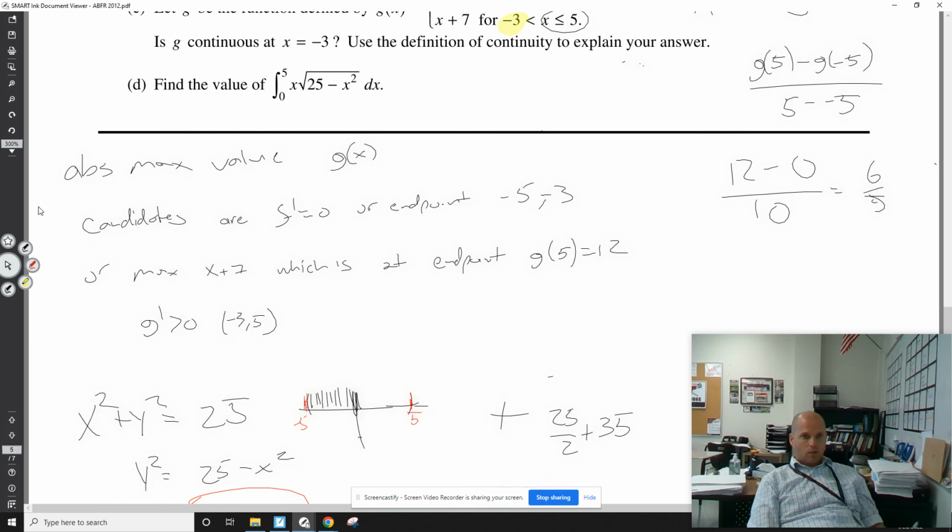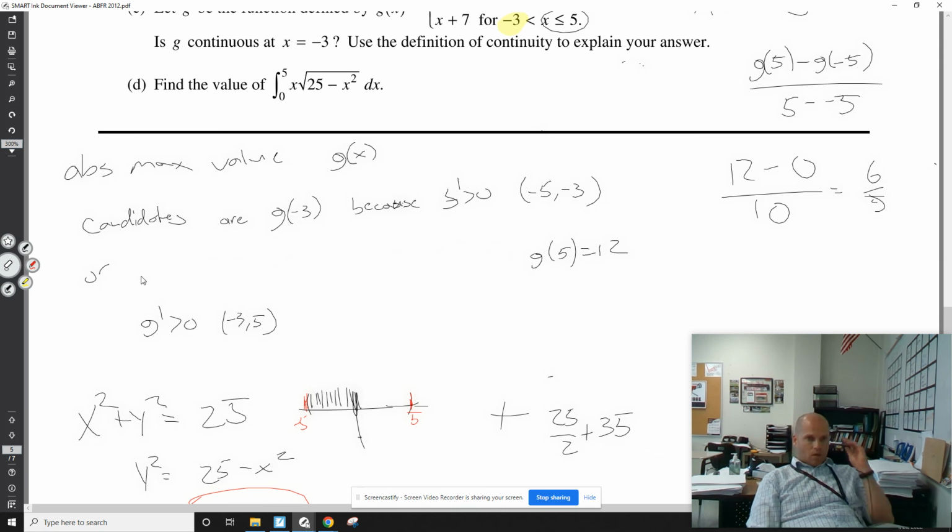So the candidates really are g of -3, because f prime is positive from -5 to -3, and g of 5, because g prime is positive from -3 to 5.